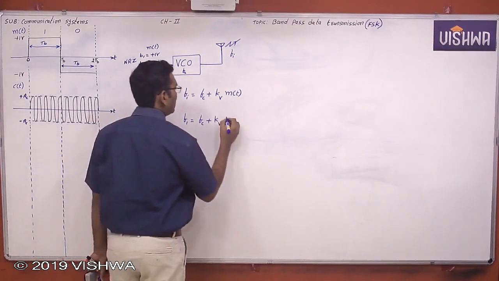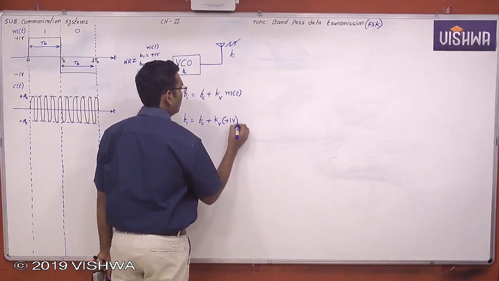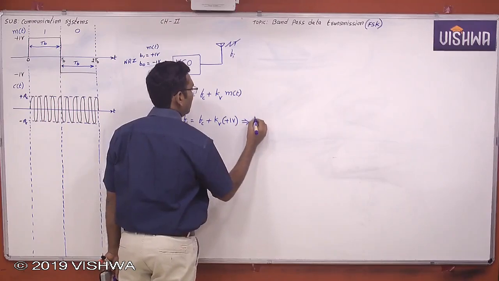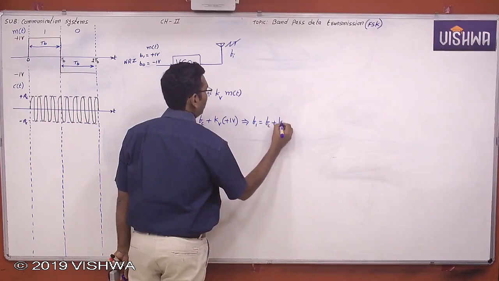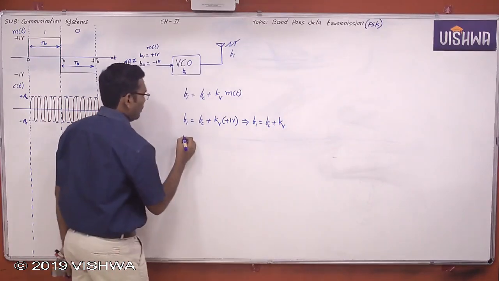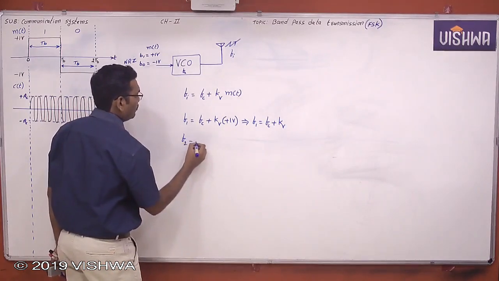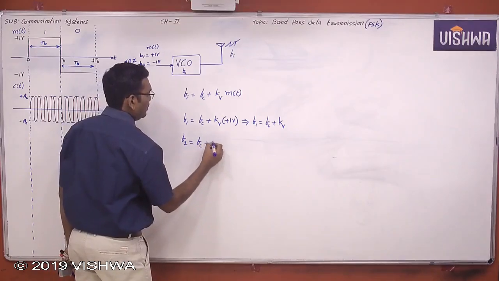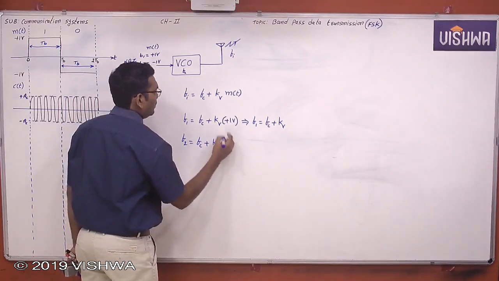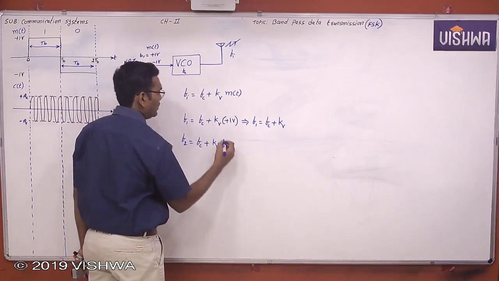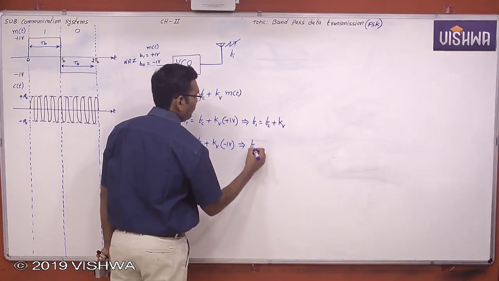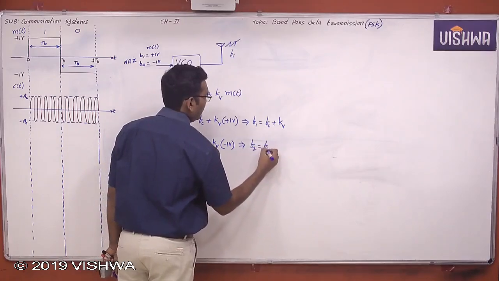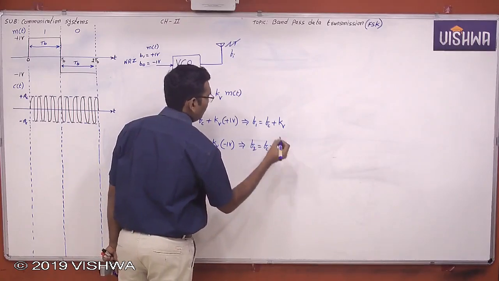For binary 1 it is plus 1 volt, so F1 equals Fc plus Kv. Now F2: F2 equals Fc plus Kv times m of t, and for binary 0 it is minus 1 volt, so F2 equals Fc minus Kv.